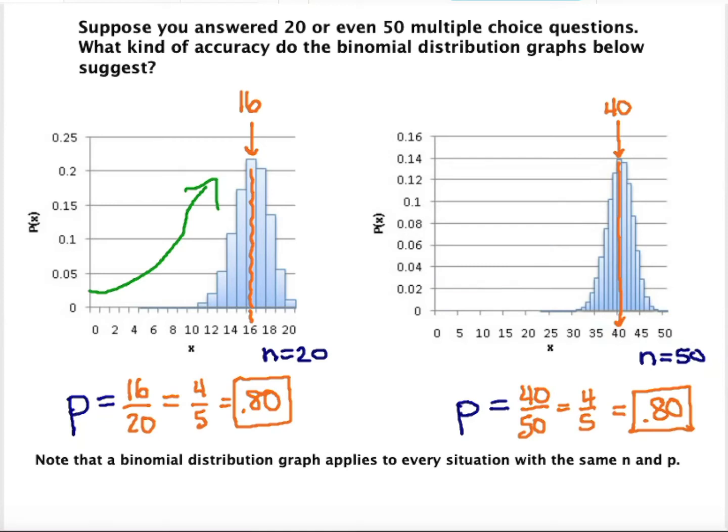They really have the same shape. And I should say that these two graphs wouldn't just apply to 80% probability on a 20-question multiple choice test. This would apply to any situation where we were talking about 20 trials and a probability of success of 80%.